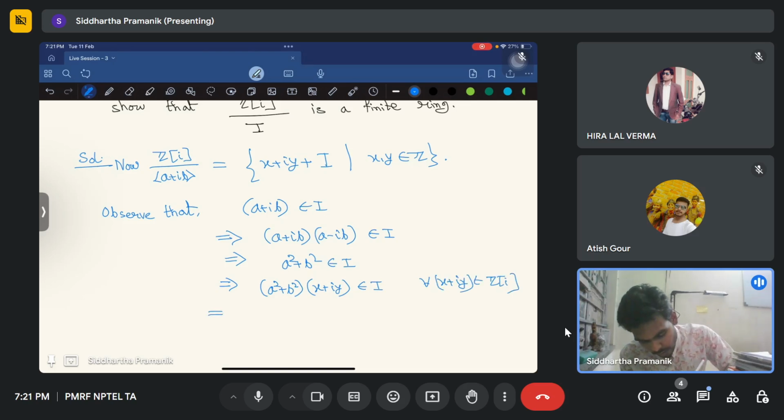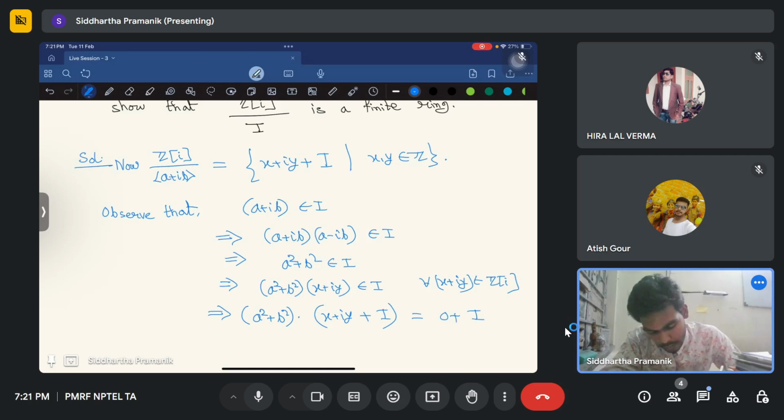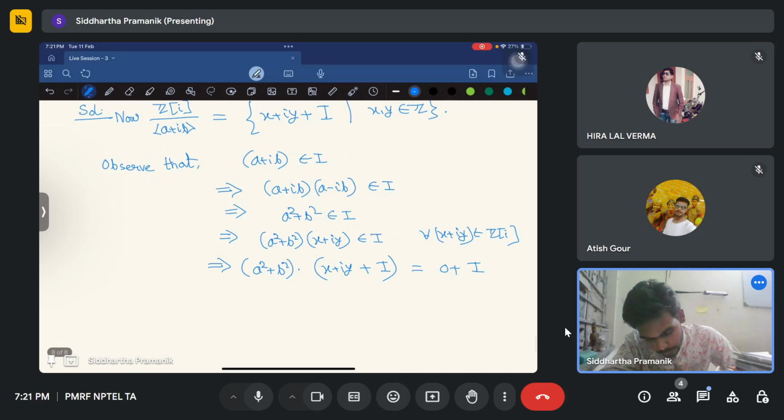Now this means (a squared plus b squared) times (x plus iy) plus I is equal to 0 plus I, by the properties of quotients. So this is the multiplication in the quotient ring. So this says if we multiply a squared plus b squared with any coset, it will give you the zero coset.